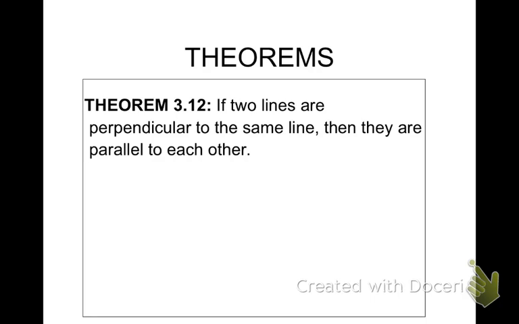Okay. Now, these were a whole bunch of theorems that we just went through. Because we're not doing formal proofs for 3.6, I would not put these onto your blue sheet. It would just be wasting space. Okay. All right, so let's finish up with the last two examples here.